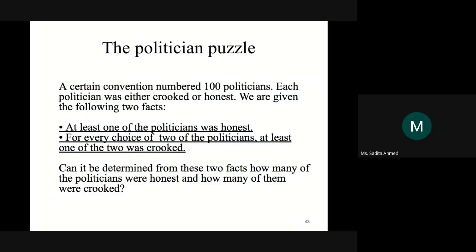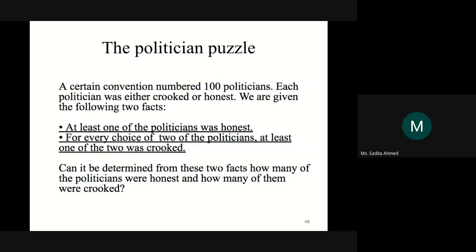What we will do, the approach to the solution is combining these two statements. First, we know that at least one politician is honest. There can be more than one, but at least one politician is honest. We know that. Now, for every choice of two politicians, at least one of the two is going to be crooked.